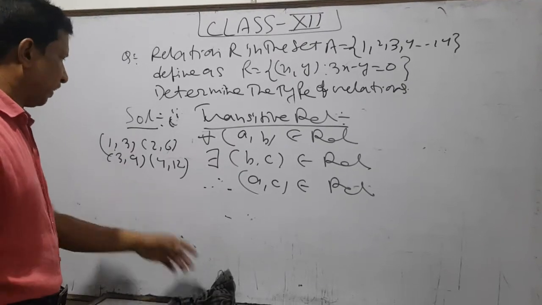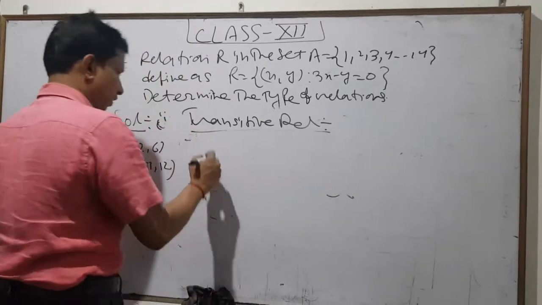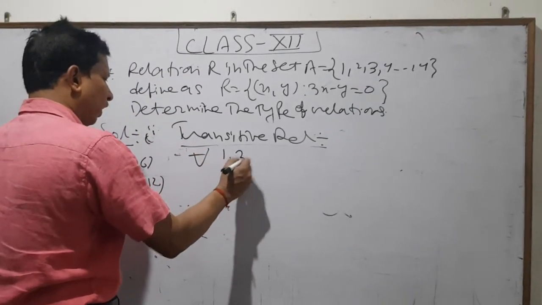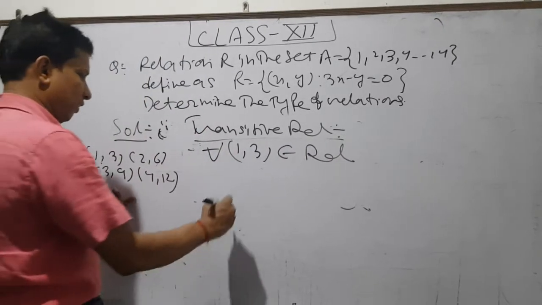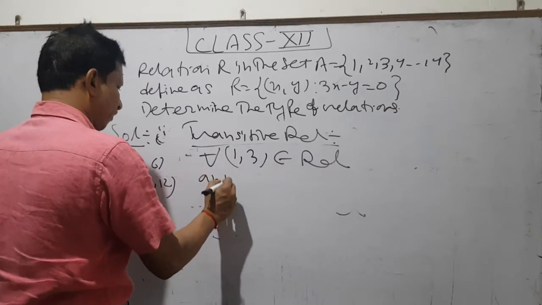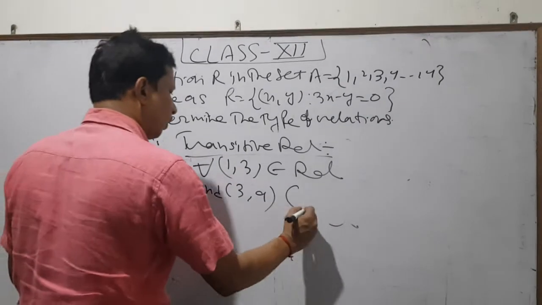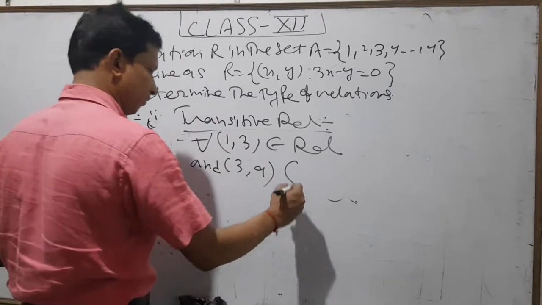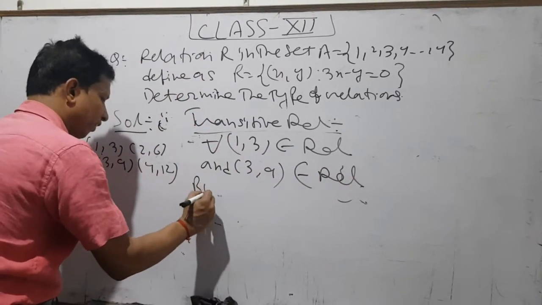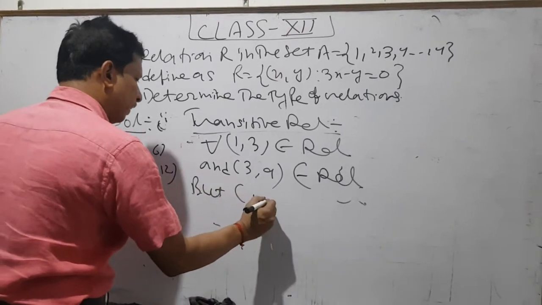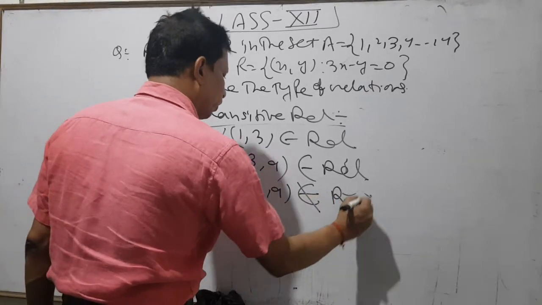In these ordered pairs, (1, 3) belongs to the relation and (3, 9) also belongs to the relation, but (1, 9) does not belong to the relation.